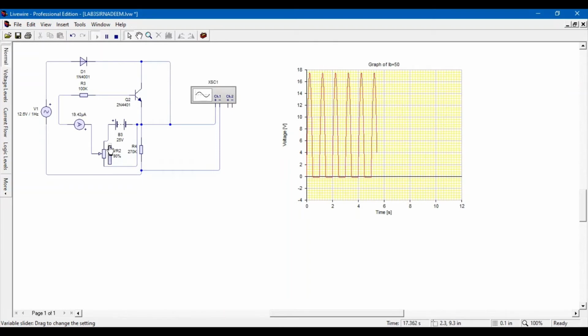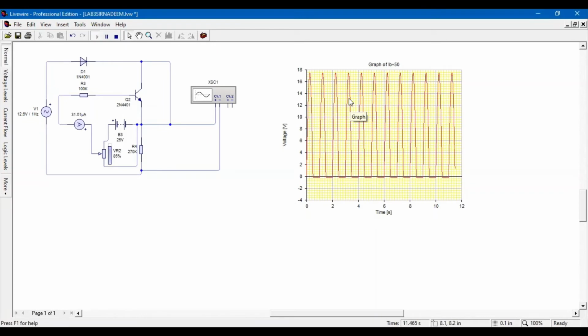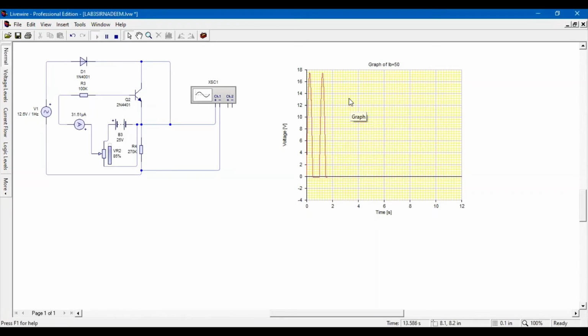This is the circuit when IB equals 25 microampere. And next, we change to 50 microampere.